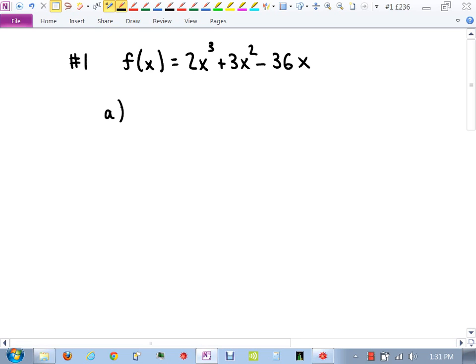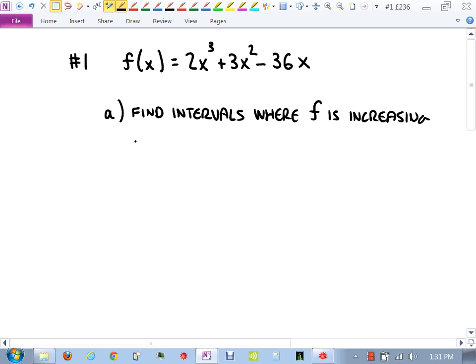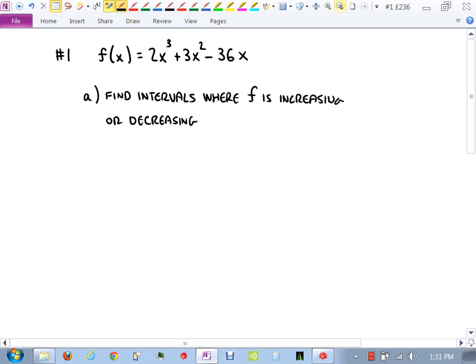Part A of this says find intervals where f is increasing or decreasing. Part B says find local max, local min.